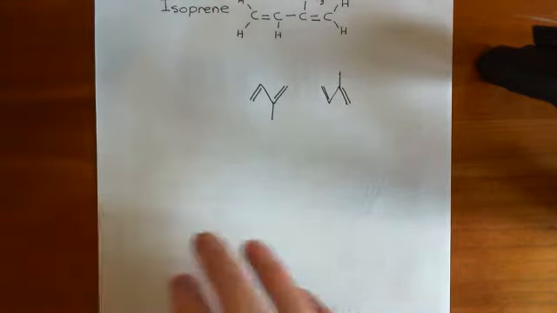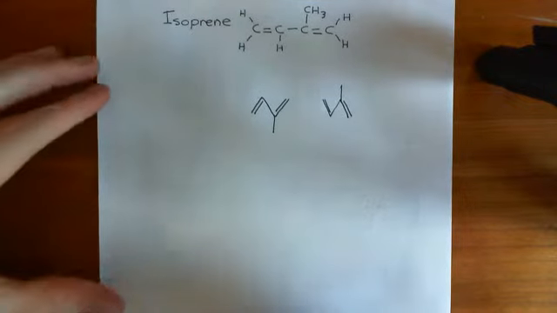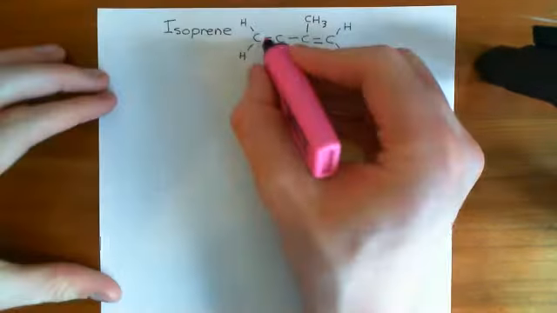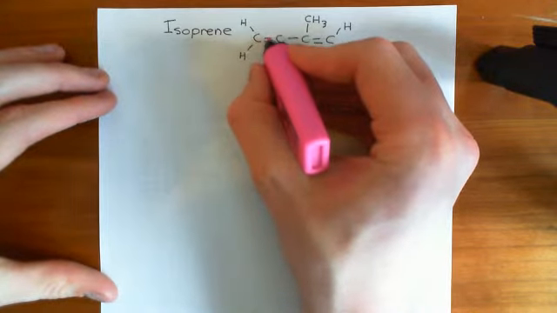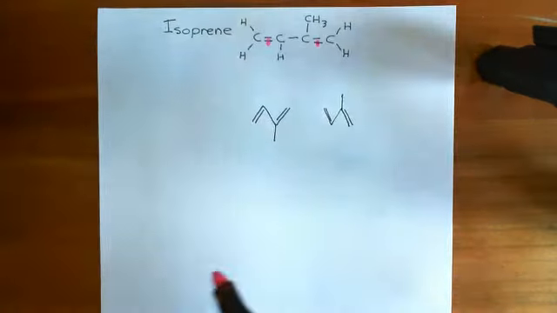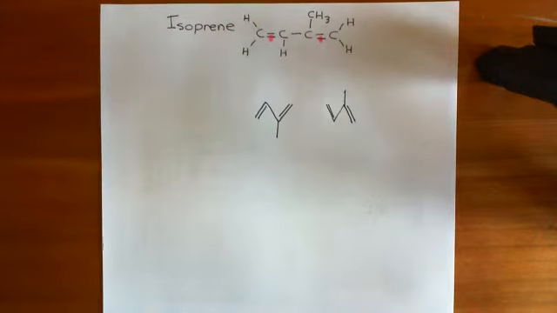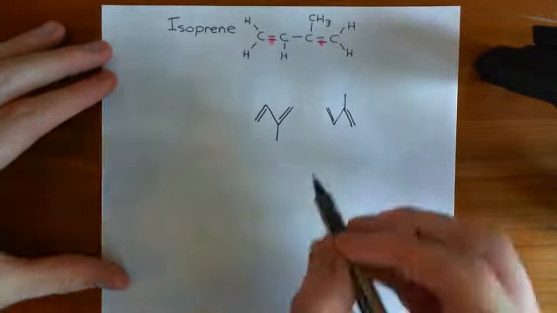Basically, imagine breaking the second of the 2 bonds in the double bonds between these 2 carbons and these 2 carbons, like so. Break one of the 2 bonds, not both of them, only one. Now one covalent bond contains 2 electrons, 1 from each of the 2 members of the bond.